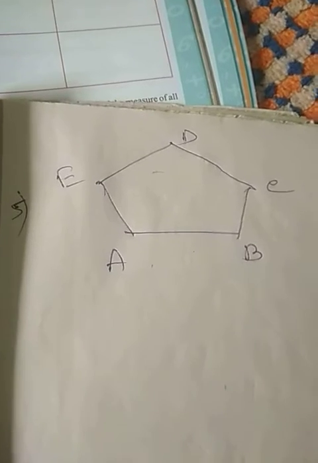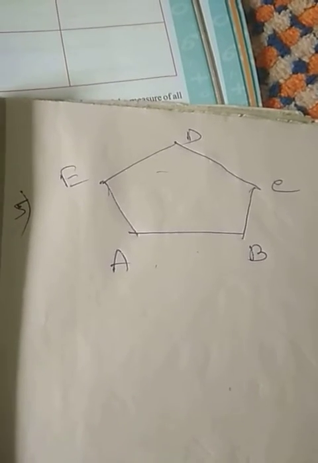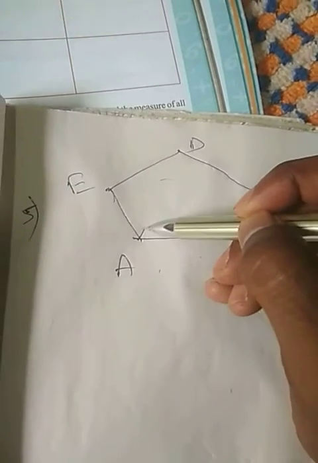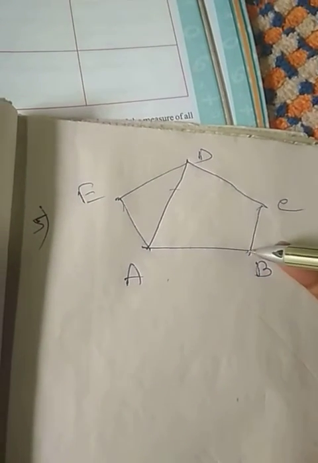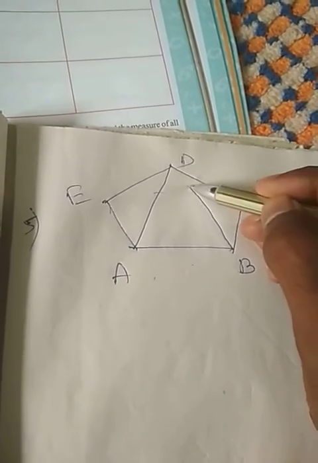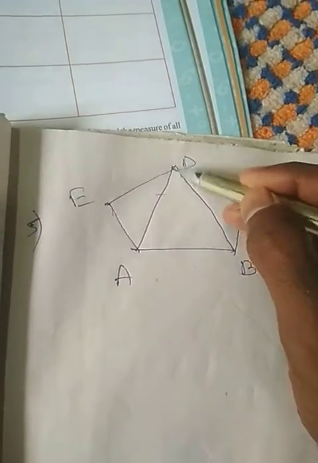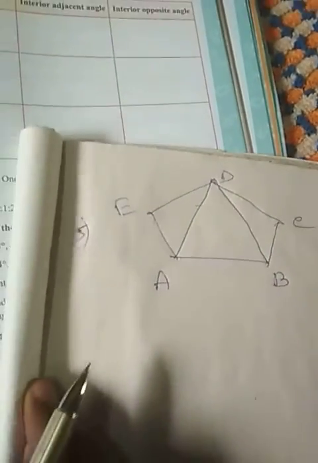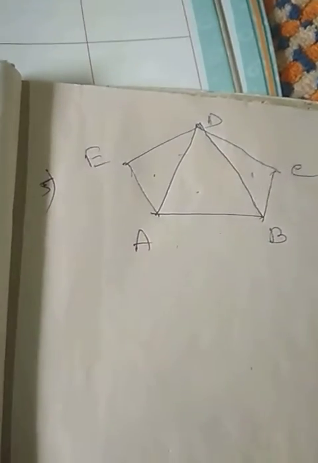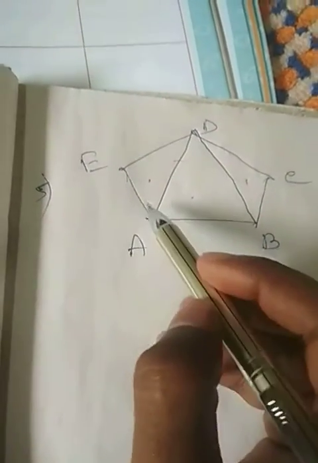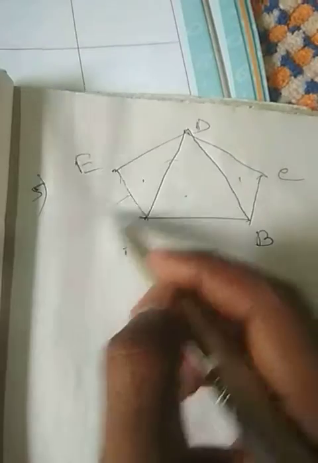How can you do that? For that you have to draw a line, like I am drawing the line here. Again I am drawing the line here. Look at that. After drawing I got 3 triangles. 1, 2, 3. And we know that the sum of angles of a triangle is 180 degree.